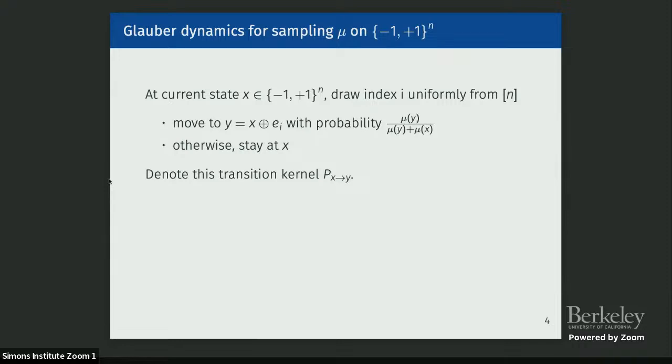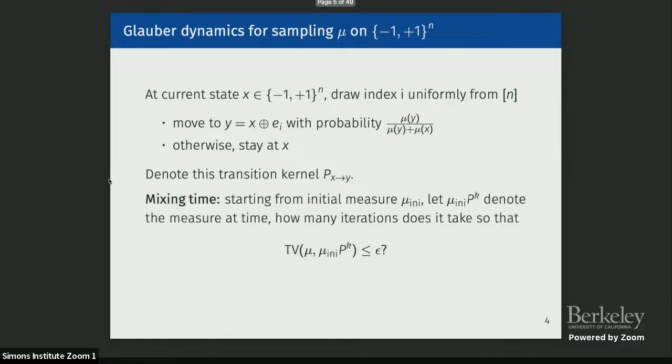We'll denote this transition kernel that describes the probability of going from state x to y as P(x, y), and this will be a transition kernel of size 2^n times 2^n. You can think of it like a matrix of size 2^n times 2^n. We want to understand the properties of this transition kernel for some target measure.